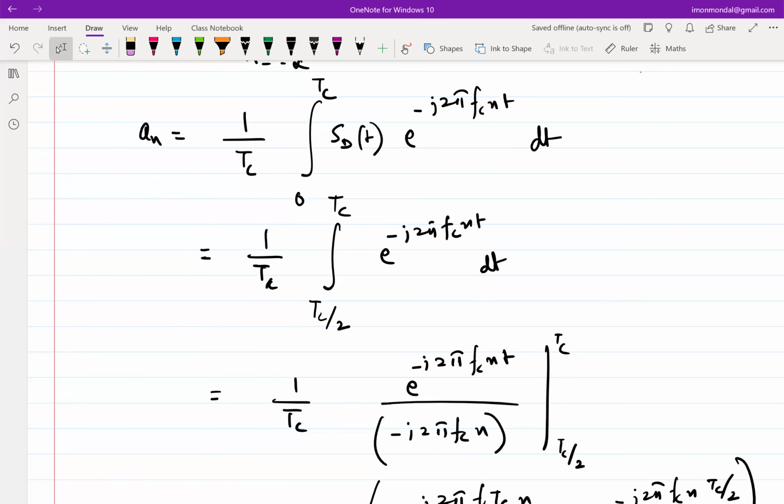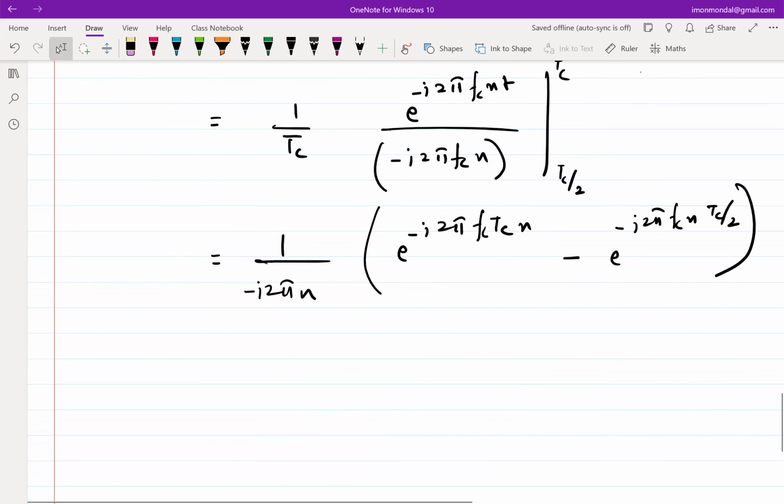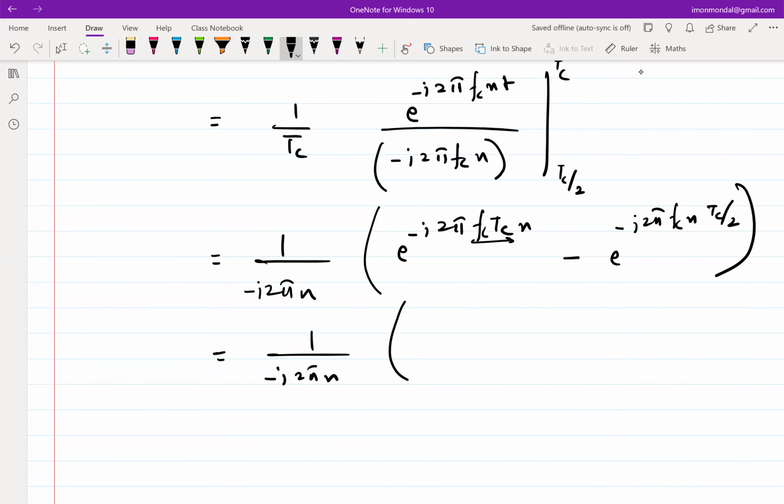There shouldn't be any. Why? Oh, yeah, right. Yeah, thank you. So if I expand this out, I get, so this term cancels. E to the power minus j 2 pi n, where n is an integer, is always 1.